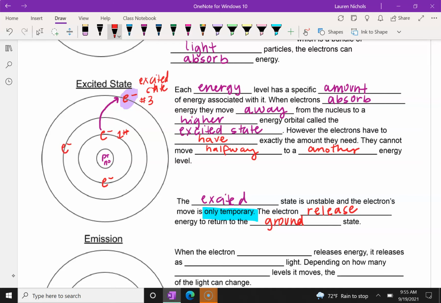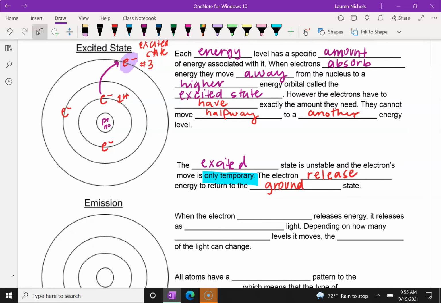But when the electron releases energy, okay, which there's not supposed to be a blank there, okay? When the electron releases energy, it releases as colored light, okay? Which remember, light is a photon, okay?